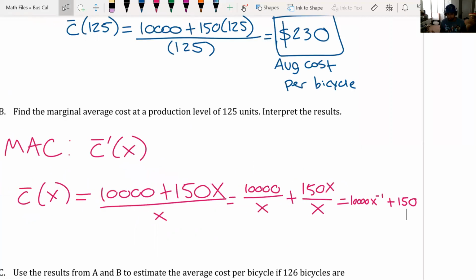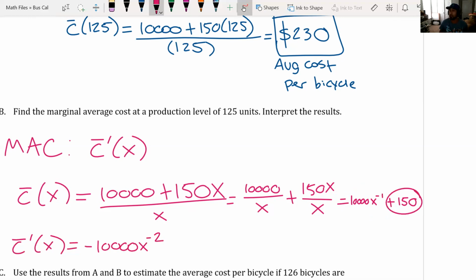And now we will take the derivative of what we found at the end. We'll take the derivative of 10,000x to the negative 1, which means we're going to look at C bar prime of x. And the derivative of 10,000x to the negative 1 becomes negative 10,000x to the negative 2. Derivative of 150 is 0.